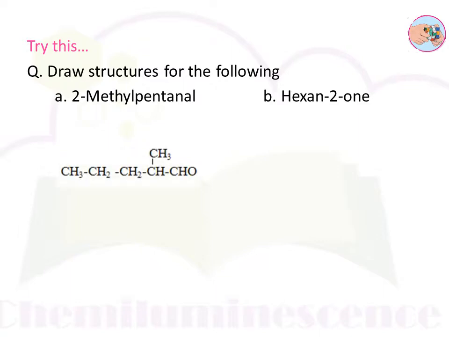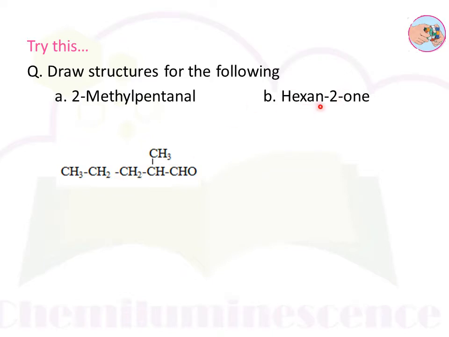So the structure of this compound is this one. Here you can see this one is carbon 1, this one is carbon number 2, and at the second carbon a methyl is present, and the total carbons in the parent chain is 5. 1, 2, 3, 4, 5. Hence it is 2-methyl pentanal.